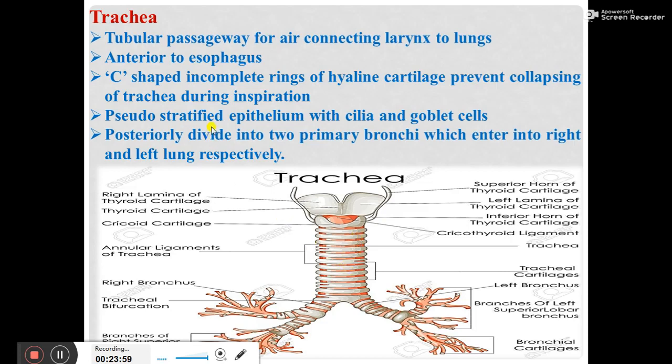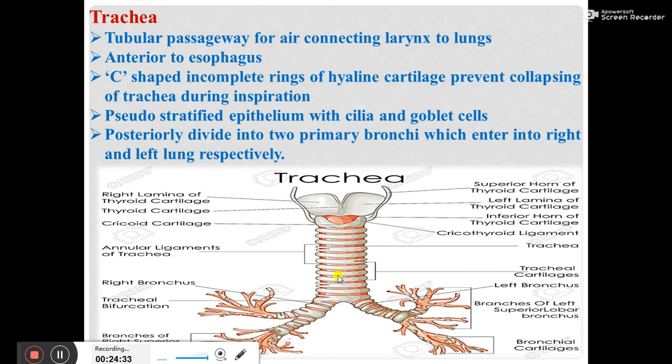Next, pseudostratified epithelium with cilia and goblet cells are present in the tracheal region. There is a great mechanism for the filtration of air throughout the respiratory tract, because the ultimate air which goes to the respiratory zone should be of a very pure form. So all the air tracts are provided with mucus, cilia and several types of cells and glands which assist maximally to purify the air.